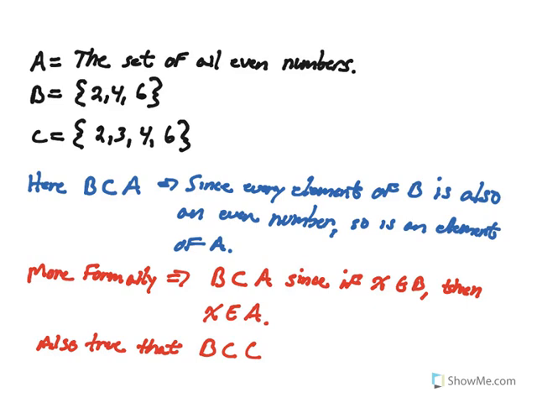Now again, interestingly enough, C cannot be a subset of A. Okay, does anyone know why? It's because C has an odd number there, and the original set did not mention anything about odd numbers. Okay, it's all even.